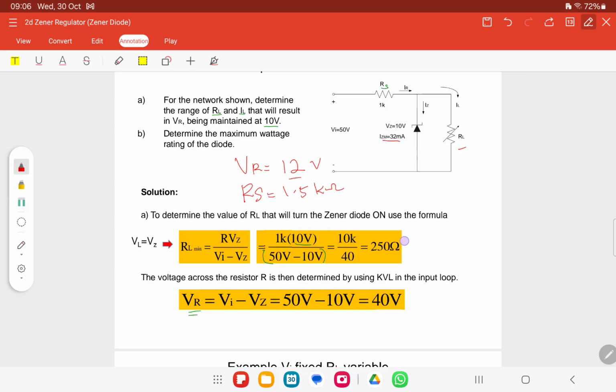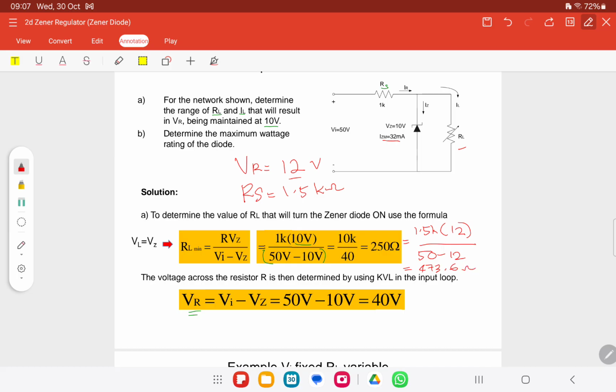So dia jadi macam 1.5 darab 12 over 50 tolak 12. Dapat berapa Tiha? 473.7. Banyak dah pula nombornya. 473.6 ohm.